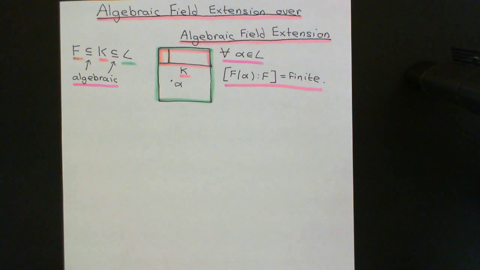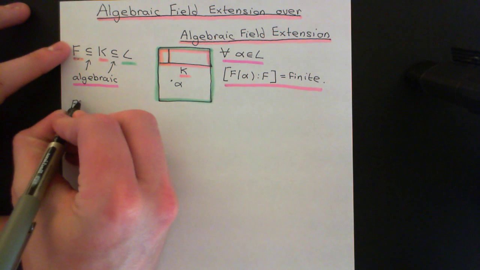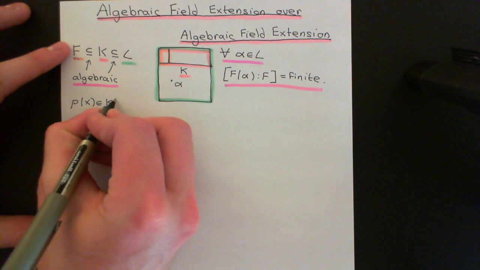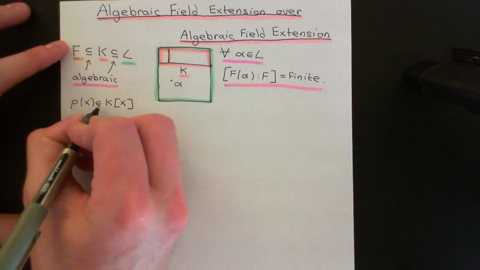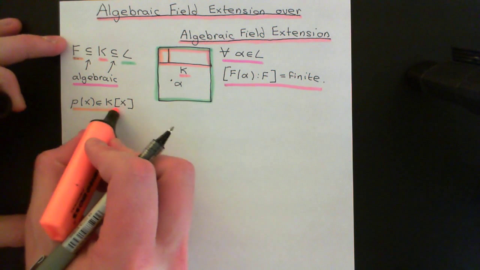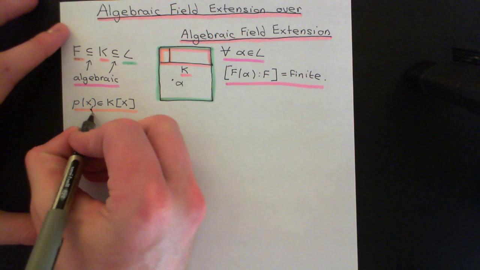It's just some arbitrary element of L. So alpha is going to be the root of some polynomial in the ring of polynomials with coefficients from the field K. So let's have this polynomial p of x here, and it's an element of the ring of polynomials over the field capital K, and it's special because when we take the evaluation homomorphism at alpha and apply it to this polynomial p of x, we get 0. So I'm picking my polynomial, there must exist one.